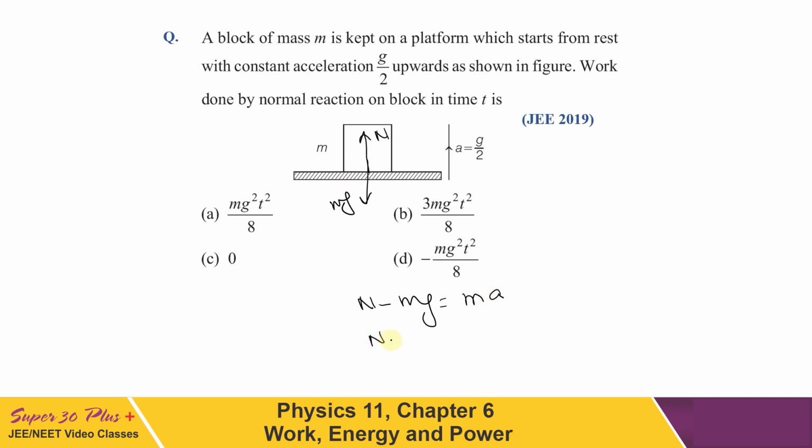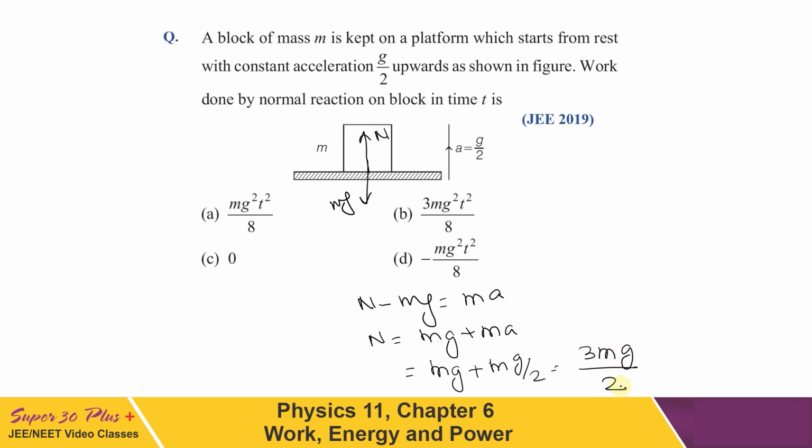From here N is equal to mg plus ma. If I substitute the values, a is given as g/2, so it will be mg plus mg/2, and that is 3mg/2. This is the normal reaction.